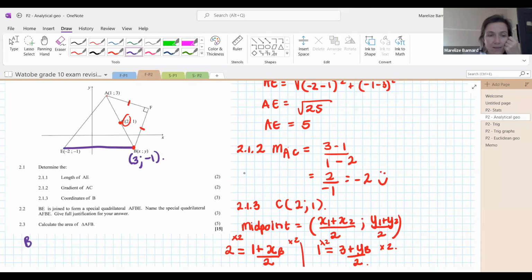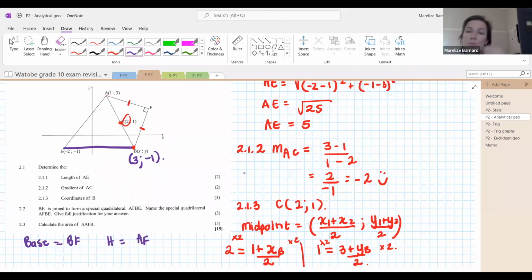The base and the height go together, right? So we are looking at where the 90-degree angle is being formed. You can make the base BF, and the height is going to be AF.